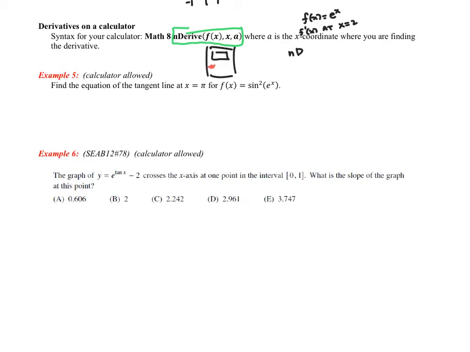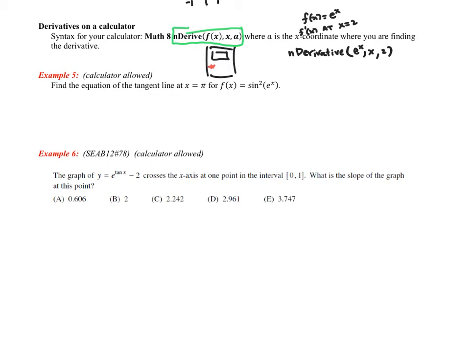It would come up with this notation, numerical derivative. That's not perfect, but I don't care. e to the x, and then x, and then 2. Then I'd press enter, and it would give it to me, and I'd have the slope immediately.